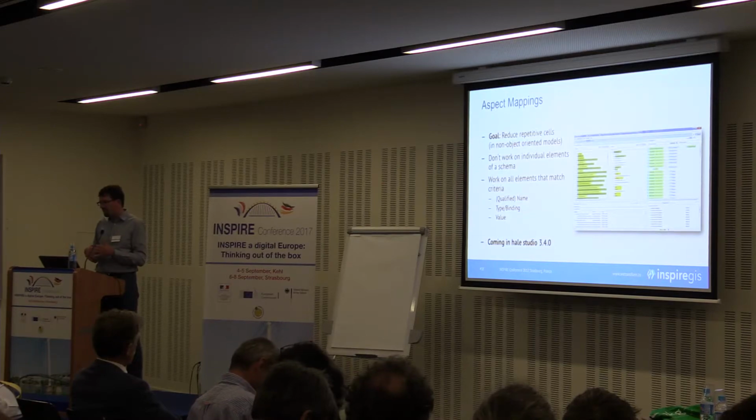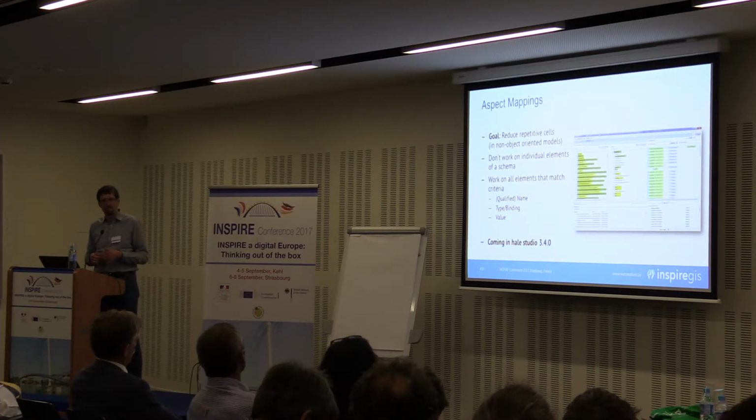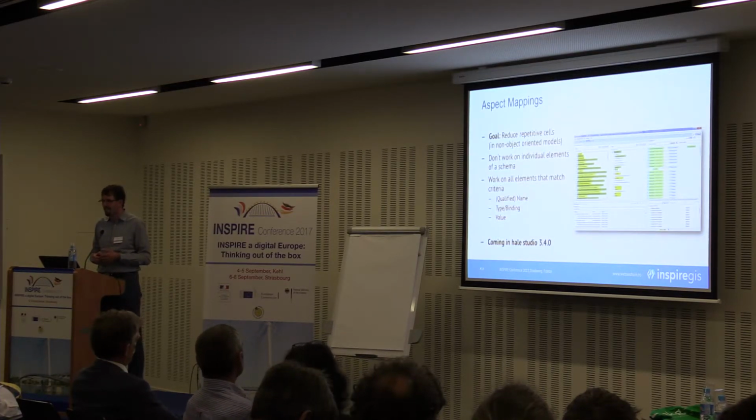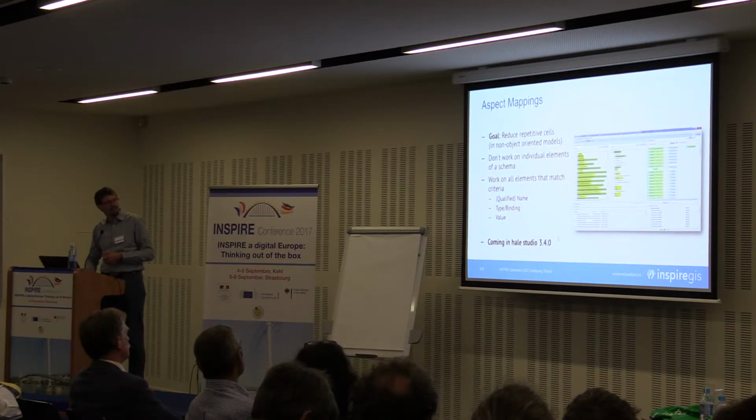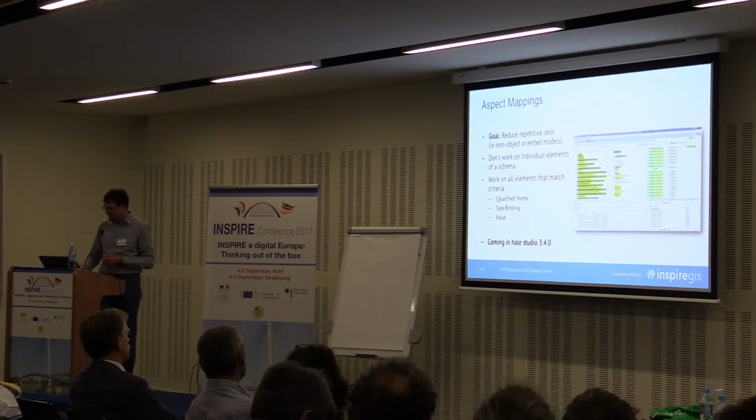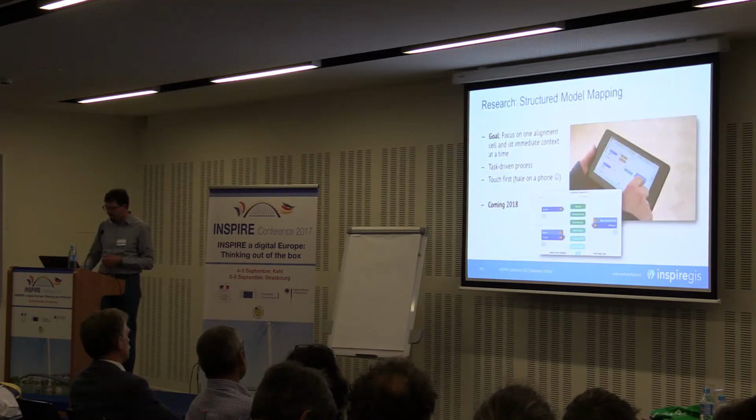That enables us to make some especially repetitive mappings much smaller. So in the screenshot here I have one of the RDV projects, the geographical names one. And as you can maybe guess from the right-hand side, it looks a lot like there's always the same stuff in here. And yes, there's always the same stuff in here. So that's one of the things that we really wanted to simplify here.